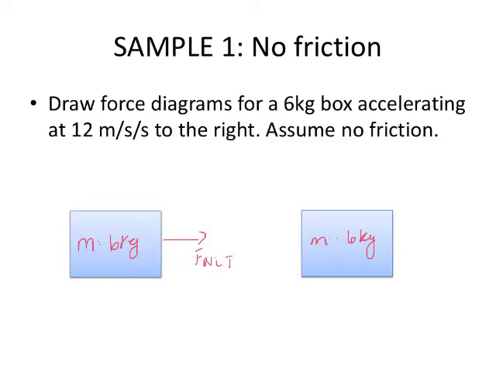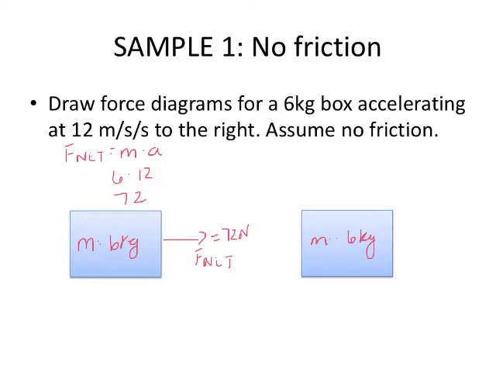We know F net is to the right. And we also can find F net. F net is equal to mass times acceleration. So we can plug in 6 kilograms times 12 meters per second squared, and you end up getting 72 newtons. So this is 72 newtons.